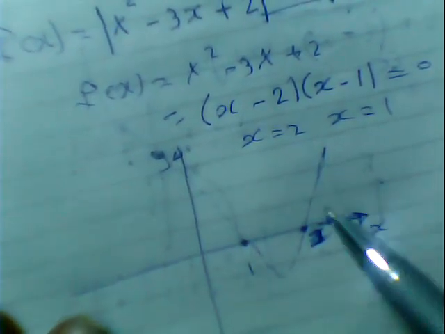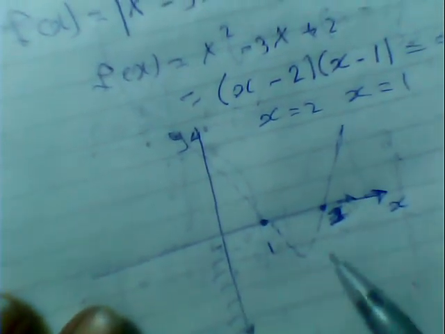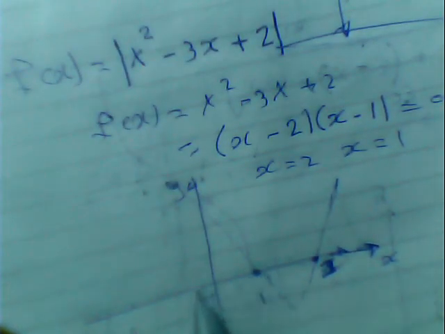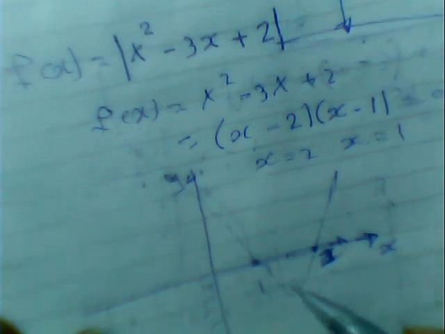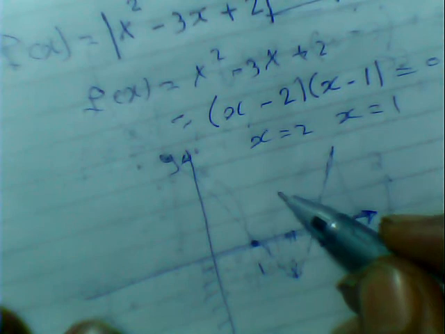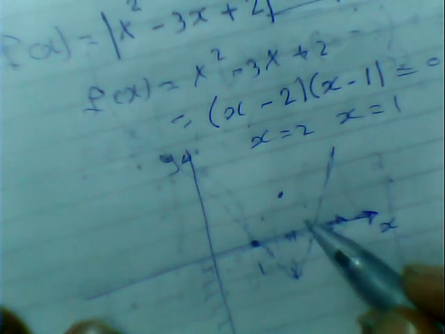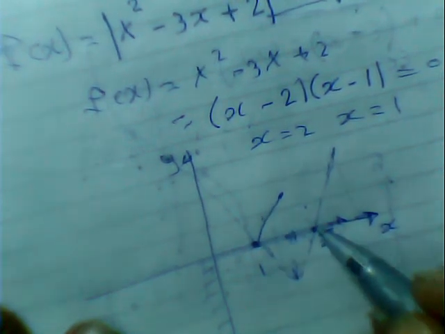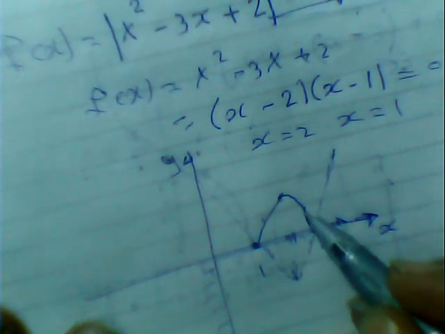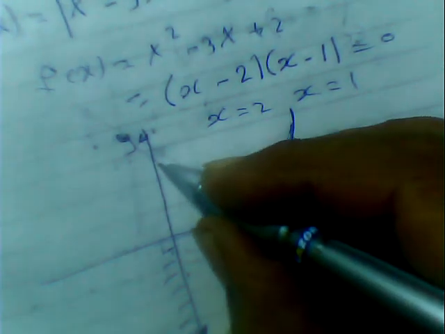Here it is negative, so the absolute value makes all the curve that is below the x axis have a mirror going up, like this, and coming here, and here, and here, and we get about the same shape, and we complete the drawing of that function.